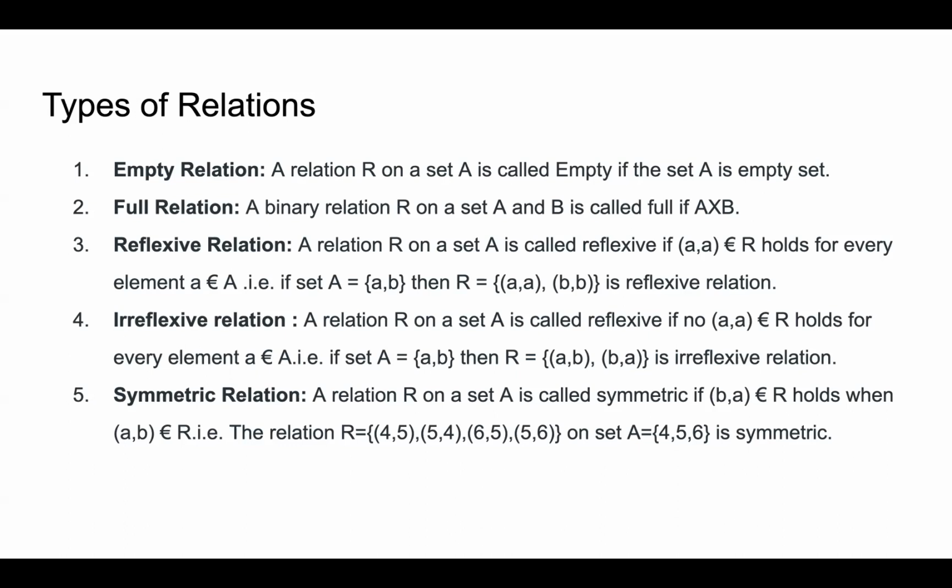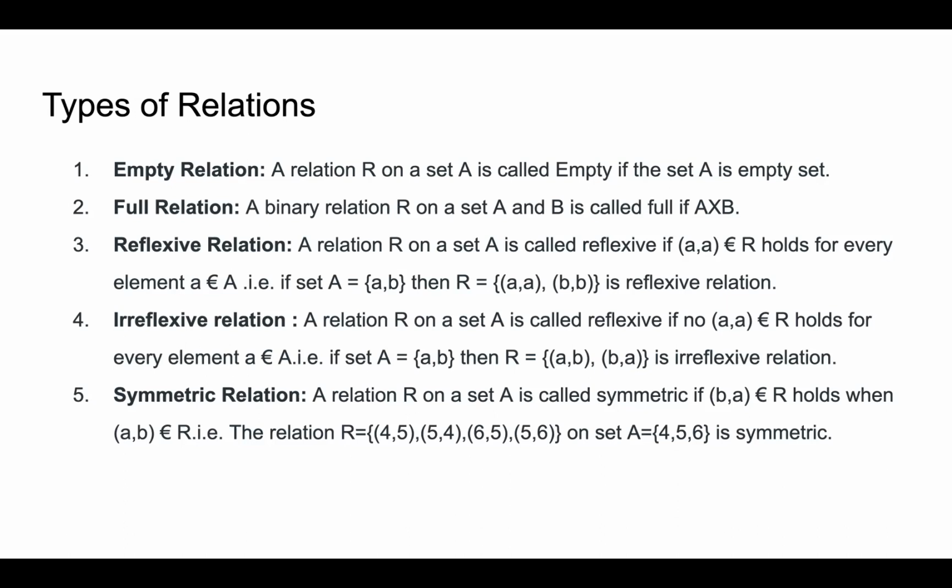Then reflexive relation is there. What is there in the reflexive relation? A relation R on a set A is called reflexive if (a, a) belongs to R holds for every element a belonging to A. That is, if set A is equal to {a, b}, then R equal to {(a, a), (b, b)} is a reflexive relation.